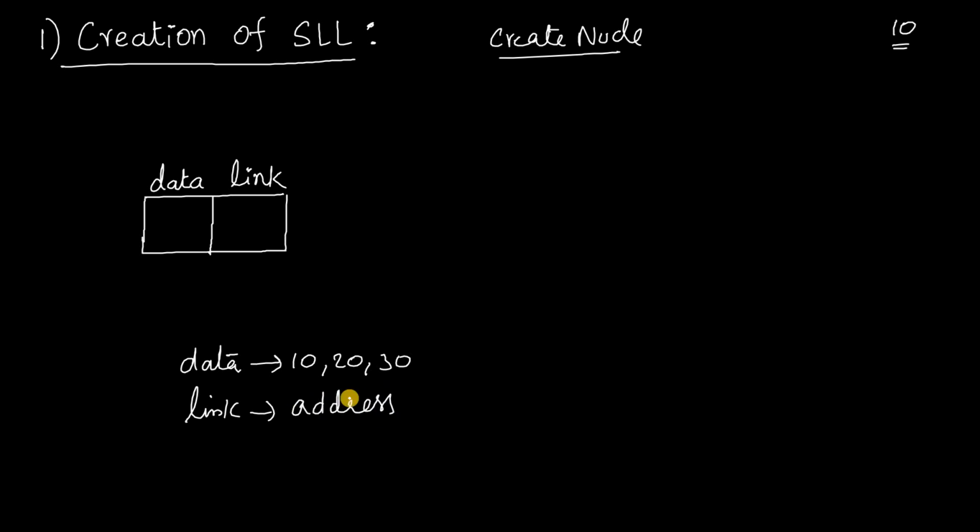In order to create a node, while writing the program, you have to use a function called malloc function. So let's assume that a node was created. This is the first node and I am having a data 10 here, and initially we are going to have null.